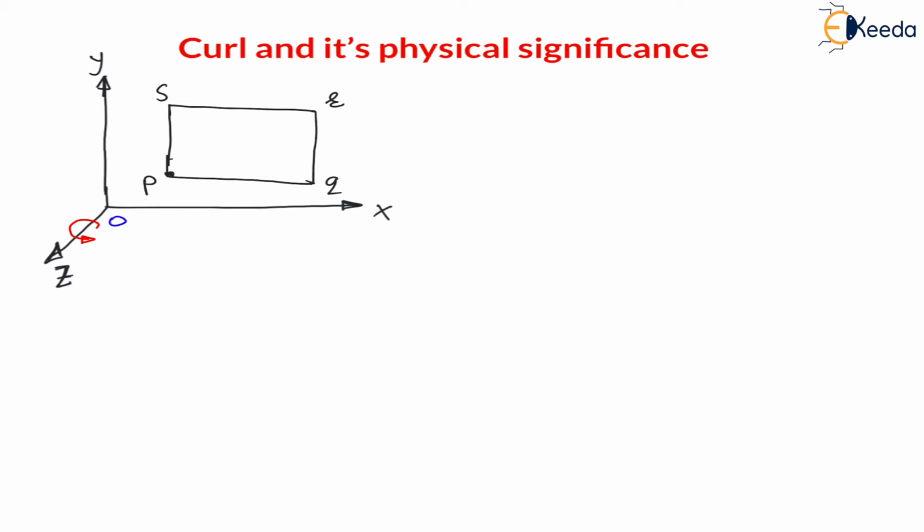Let us say these points are P, Q, R, S. The distance P to Q is the change in x, therefore it is Δx. And the Q to R distance is the change in y, therefore it is Δy, right? Therefore what will be the area of this element? The area of this element will be Δx Δy, right?